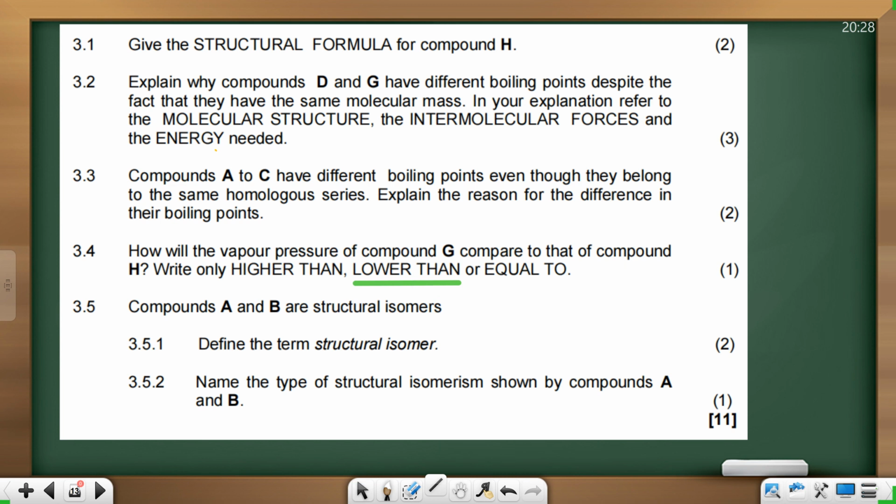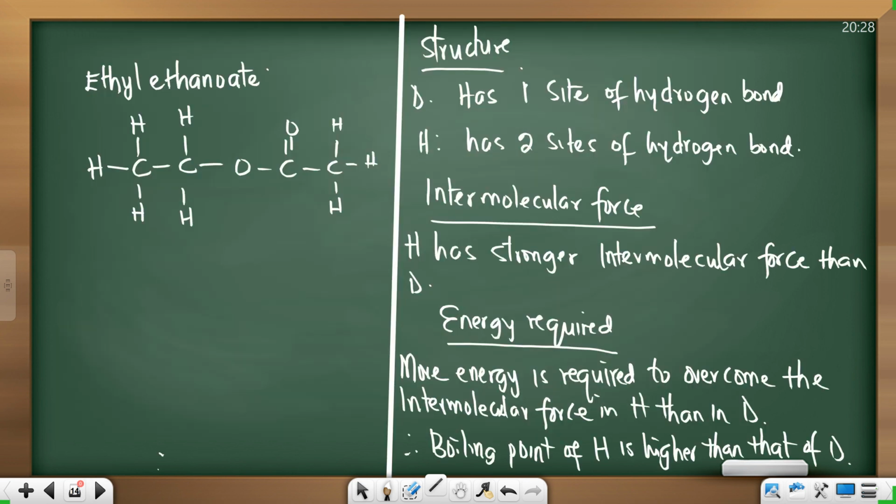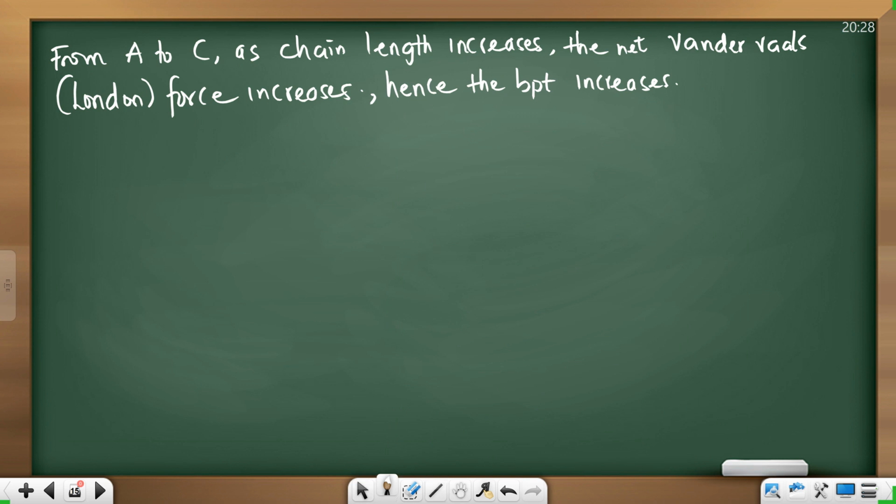Now, compounds A and B are structural isomers. Define the term structural isomers. Definitions, guys. What would you say? Yes, go ahead.